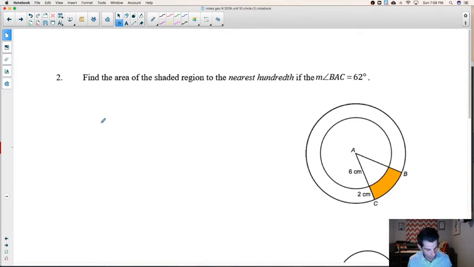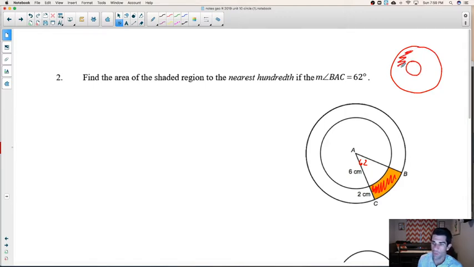We'll try a couple more questions, similar to some older topics but throwing in some of this new stuff that we did. It says, find the area of the shaded region to the nearest hundredth if the measure of angle BAC is 62. So they only want this sector here. Think about what we learned in the past. Say I had this donut right here, and I wanted the area of the outside.